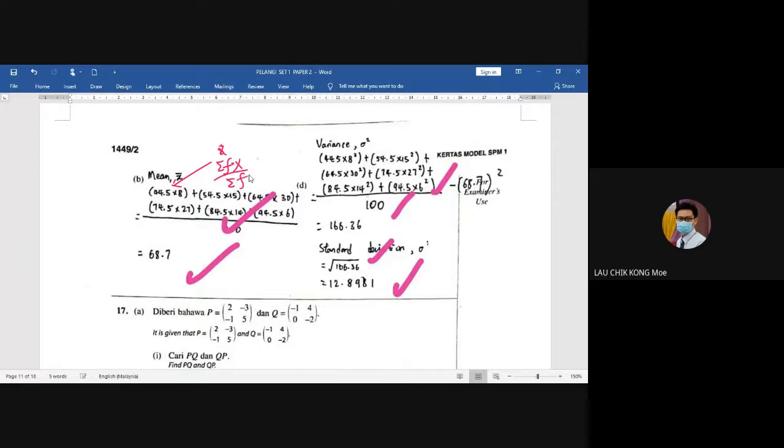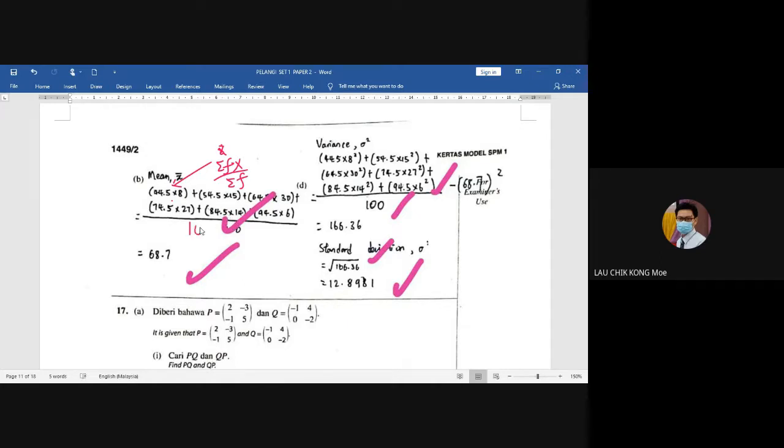So 44.5 is a midpoint. So 44.5 times 8, 54.5 times 15, 64.5 times 30, 74.5 times 27, 84.5 times 14, and 94.5 times 6. All together divide by 100.